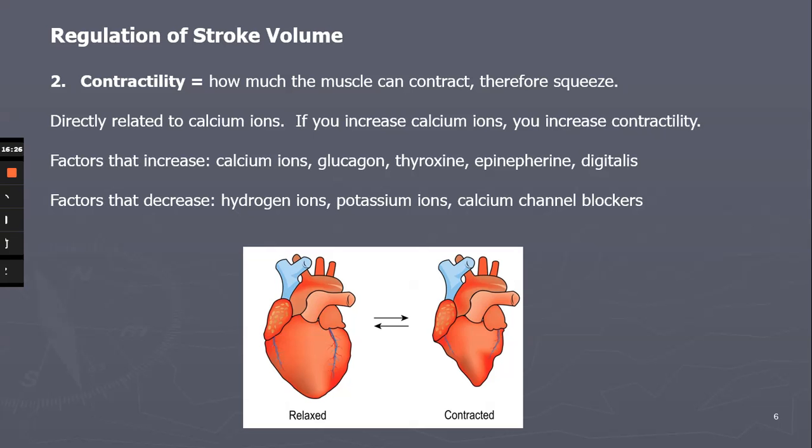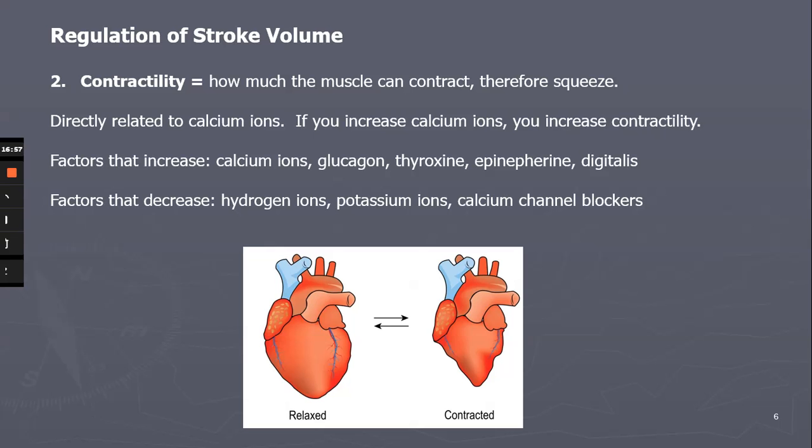The heart contracts, it squeezes around the blood and creates the blood pressure. Now, how hard the heart contracts is directly related to calcium ions. If you increase calcium ions directly around that heart, you're going to increase contractility, how much that heart can contract, how hard it squeezes.